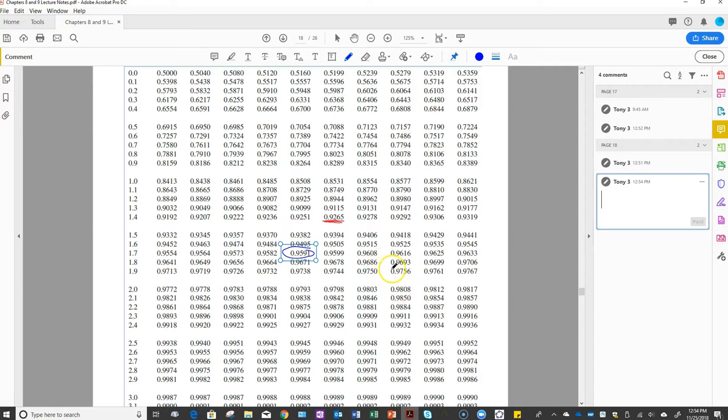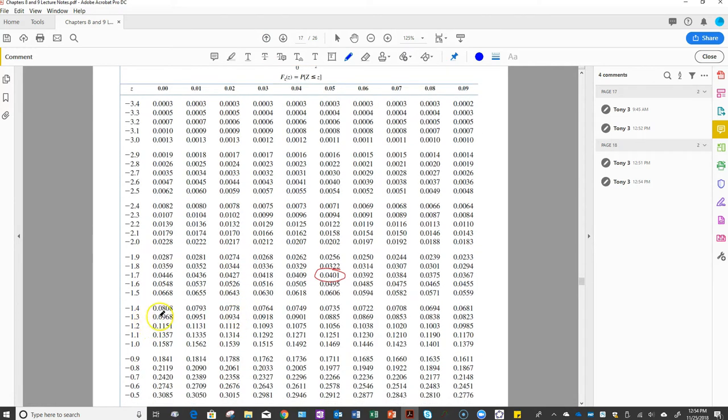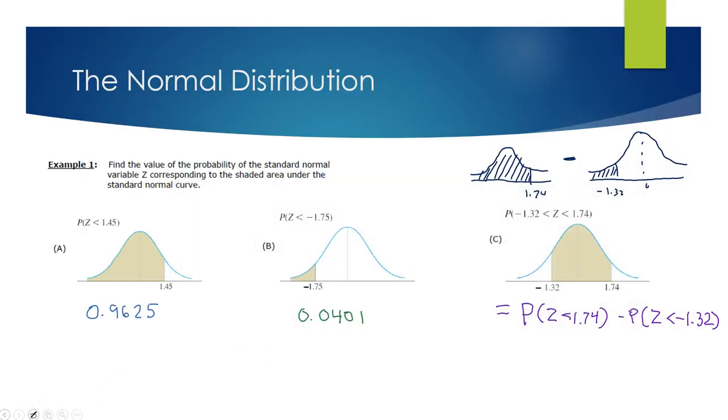And for less than negative 1.32, I need to look up negative 1.32, and it's right here: 0.0934. So I have 0.9591 minus 0.0934, and that's what I subtract, which gives me a probability of 0.8657.